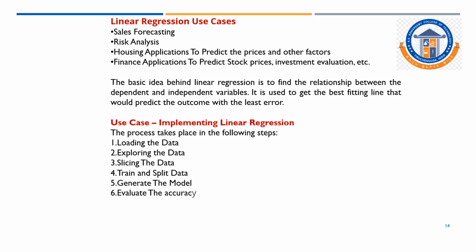So these are some examples of linear regression cases: sales forecasting, risk analysis, like how long a patient will have his lifetime, and housing applications, like predicting the sales value of a house for 2 BHK or 3 BHK, or within the area where the house is. Also finance applications, like predicting stock prices.